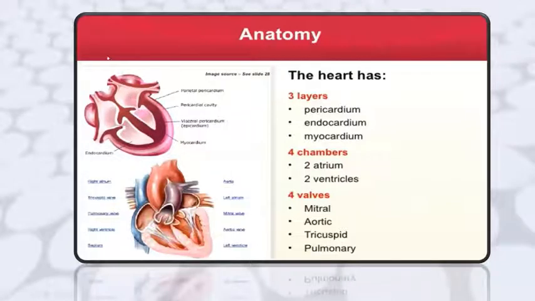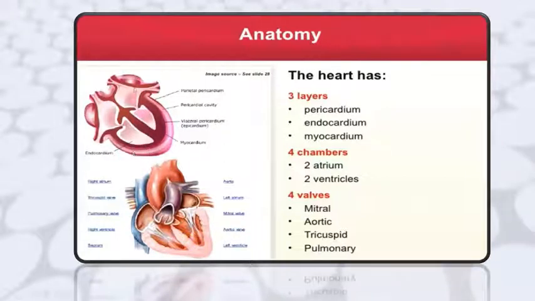It also consists of four valves. At the right part of the heart, the valve between the auricle and ventricle is called the tricuspid valve. From the right ventricle, blood opens into the pulmonary artery, and there is another valve called the pulmonary valve.